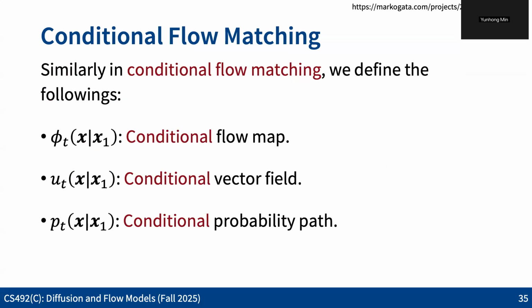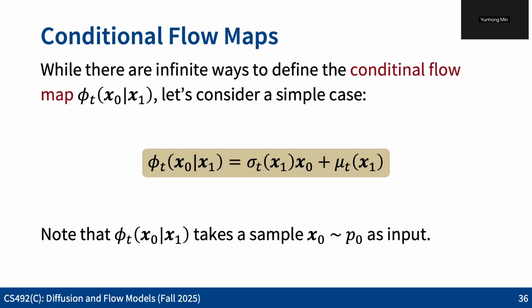In the diffusion model case, for example DDPM, we started by defining the forward jump, and based on that, all the other things were defined. We defined this first and derived all the other things. What we are going to do here is define the flow map first, as a simple linear function, and see how the other things are derived from it.